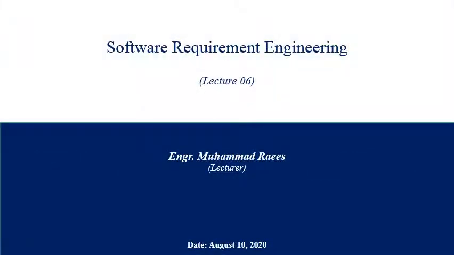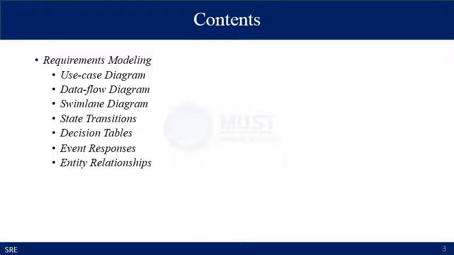This is lecture 6 of software requirement engineering, and in this lecture I am going to discuss some of the requirement modeling techniques that are helpful in visually creating software requirement specifications. And these requirement specification visual modeling tools are listed as under.